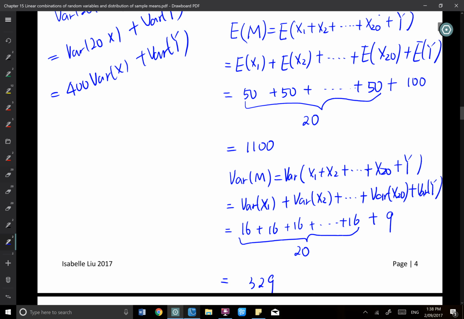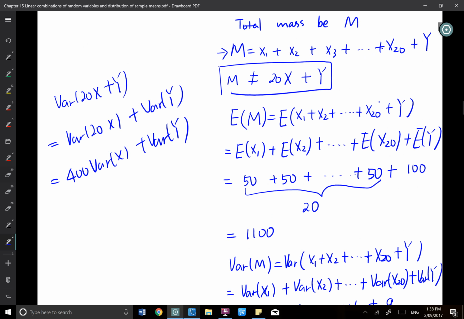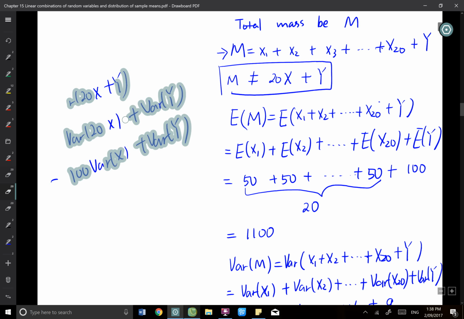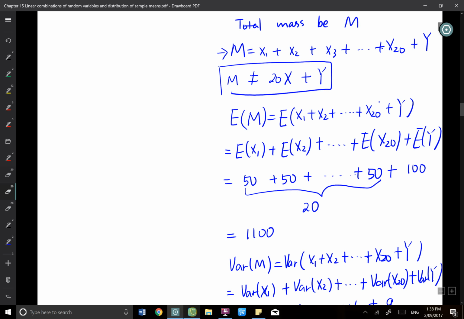We squared it, which is not correct. That's the difference, so it's definitely not that one. It can't be 20x plus y. It must be individual x1, x2, x3. Never write nx plus ny like that, unless the question gives that to you.